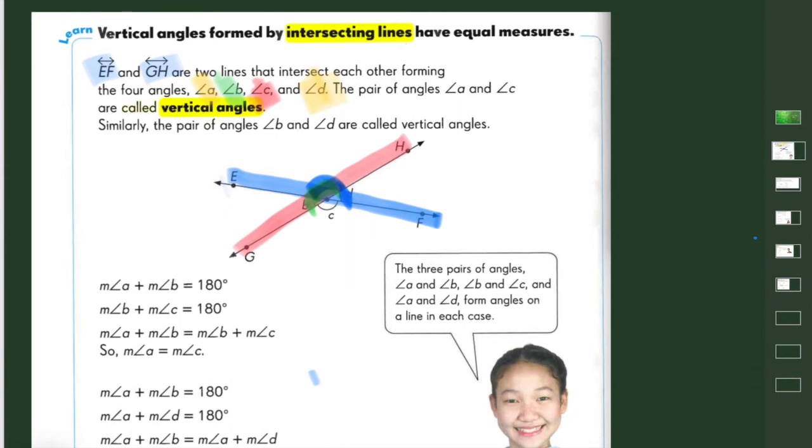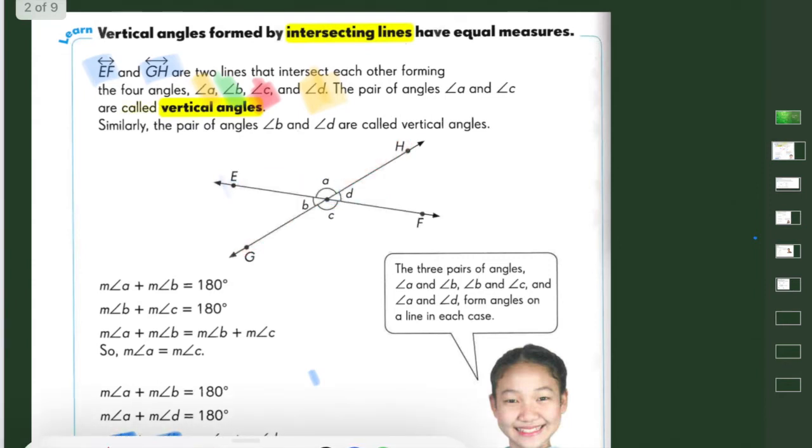All right, the measure of angle A plus the measure of angle B. I'm going to erase this so you can see. So this proves to us that the measure of angle A plus the measure of angle B has to equal the measure of angle A plus the measure of angle D. So therefore, B and D must be the same measurement.